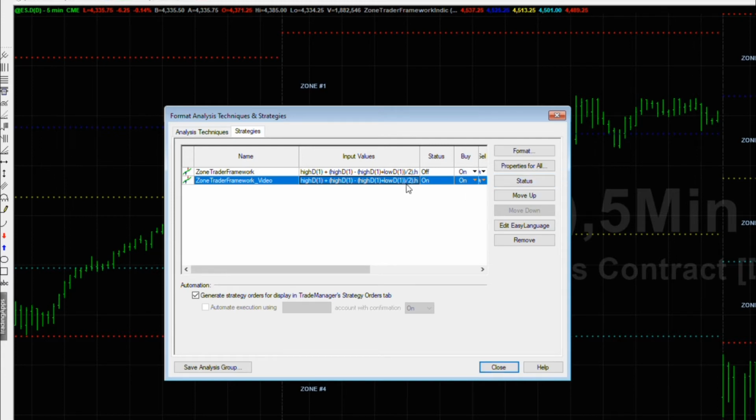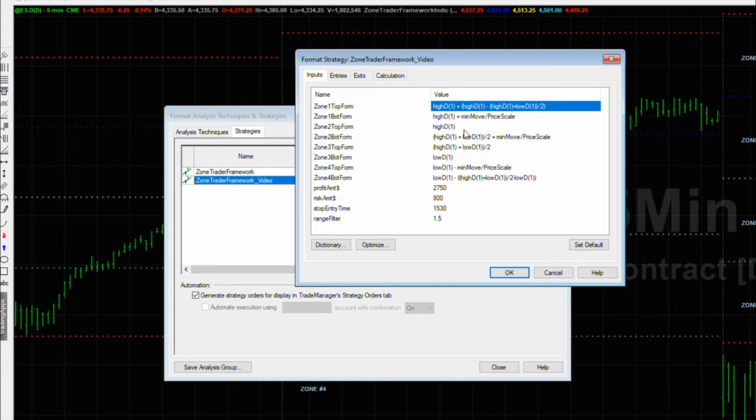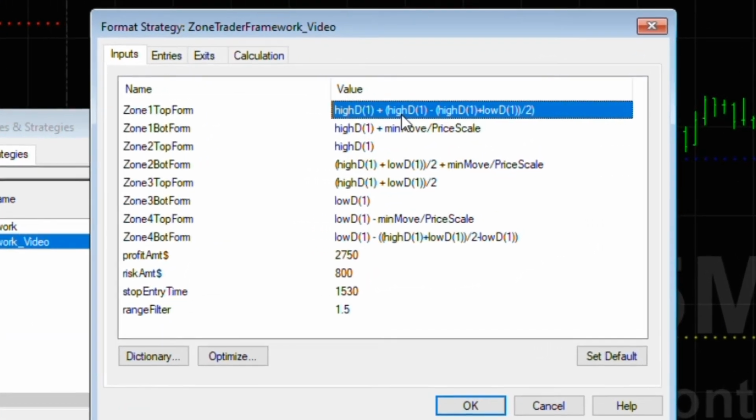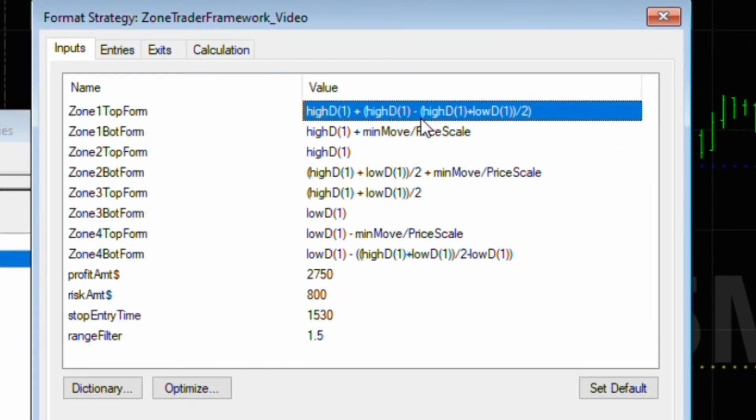Let's turn it on so we can look at it. Sorry about that. So the zone 1 top formula is the high of D, which was yesterday, plus the high of D minus the midpoint, the high of D yesterday plus the low of D divided by 2. So the high of the day minus the midpoint plus the high of the day will give you zone 1 top, okay?